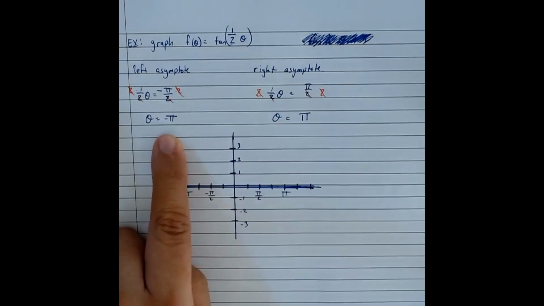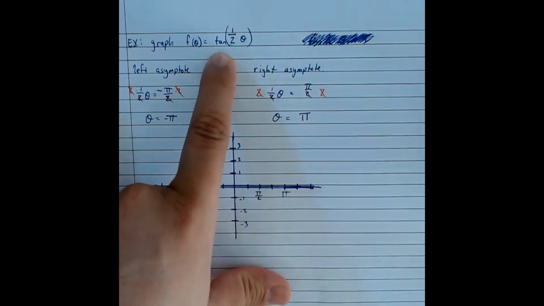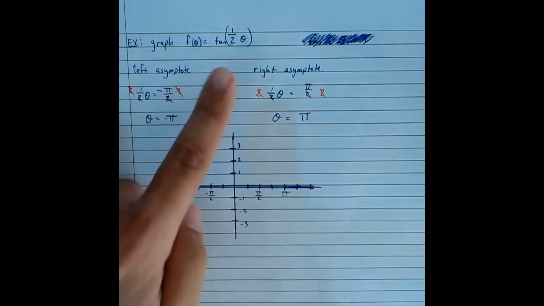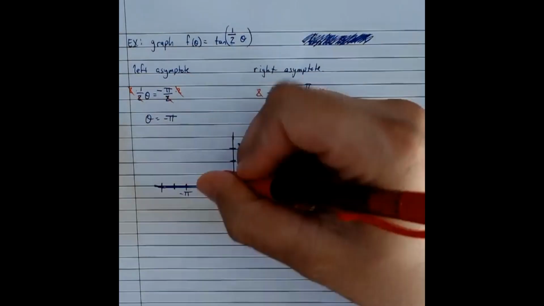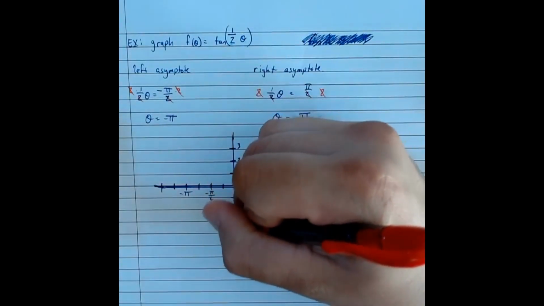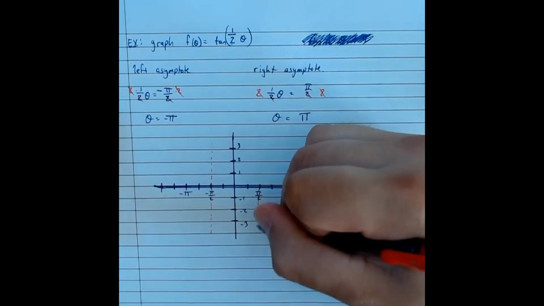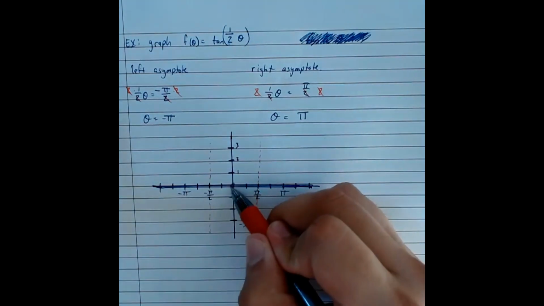Now here, let me go ahead and actually graph the original function without any modification. Let me just graph the tangent of theta. I'm just going to copy this one down again. So without any modification, the tangent of theta should be between negative pi over 2 and positive pi over 2. It should meet the x-axis at the origin.